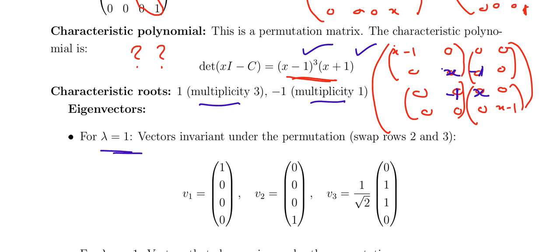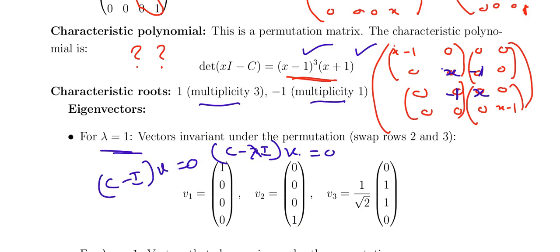So for lambda equal to 1, that is xI minus C, or C minus lambda I, into the corresponding vector v equal to 0. So when lambda equal to 1, you put (C minus I) into the corresponding vector equal to 0.